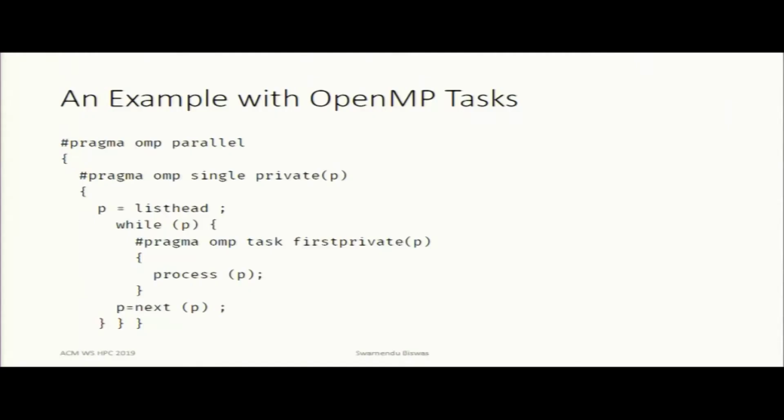What you can do is you have a #pragma omp parallel, then you have a single region. Why? Because I am just using one thread to create all the tasks, right? I have a single region, then I iterate over the linked list, and for each of these function calls that you use, say process on the node data, you can make it a task, right? So this function call that you have, you make it a task.